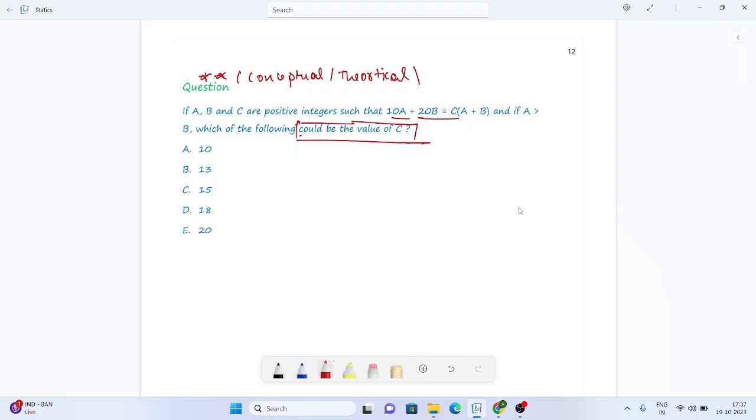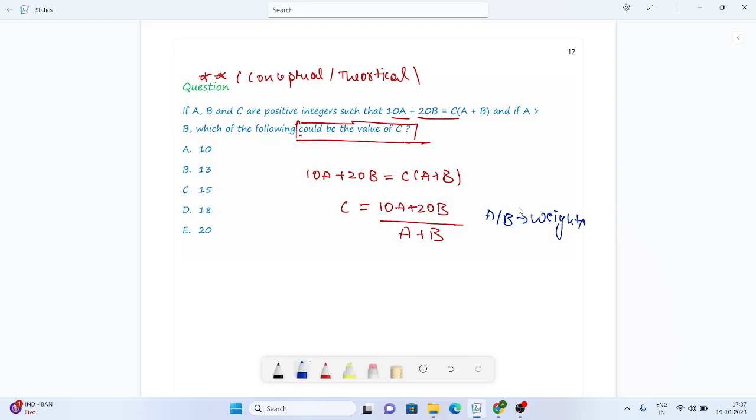Okay, so this is given. Can I write C like this? I write C as this. Now in this format you understand 10 and 20 are the values, A and B are the weights, right?